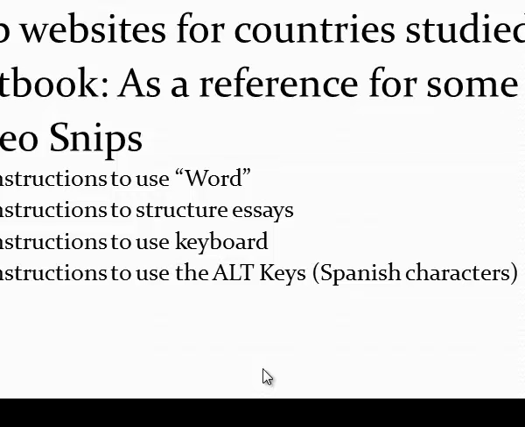We have a textbook that we use as a reference for some chapters and some films that are contained with that textbook. I use very small video clips with instructions for the students on how to use Word, how to do the structure of an essay, how to use the keyboard, and how to use the Alt keys, especially for the special characters that are needed in the Spanish language.